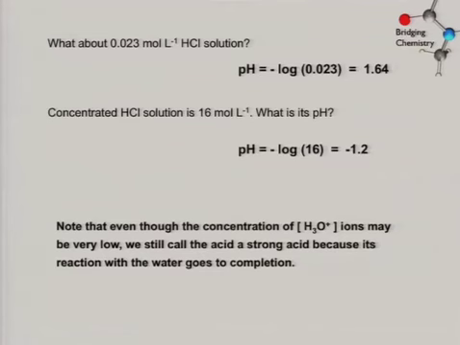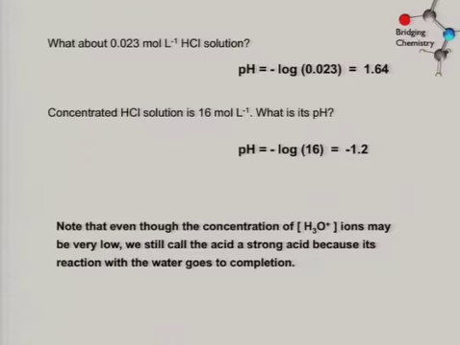Now, very important, note that even though the concentration of the H3O plus ions might be very low, we would still call the acid a strong acid because its reaction with the water goes to completion. Right? So it's this difference between strong and weak acids versus concentrated and dilute acids. Yeah?